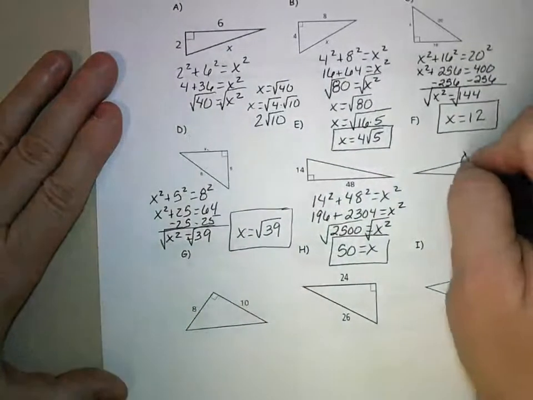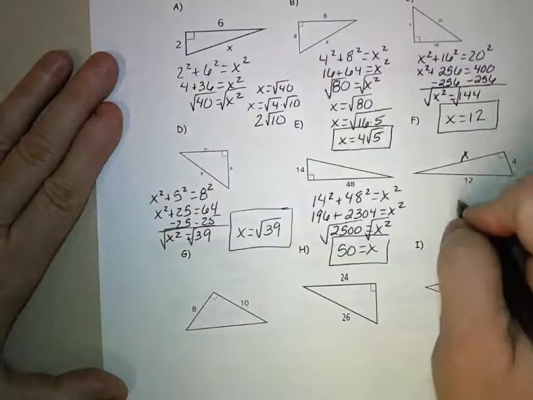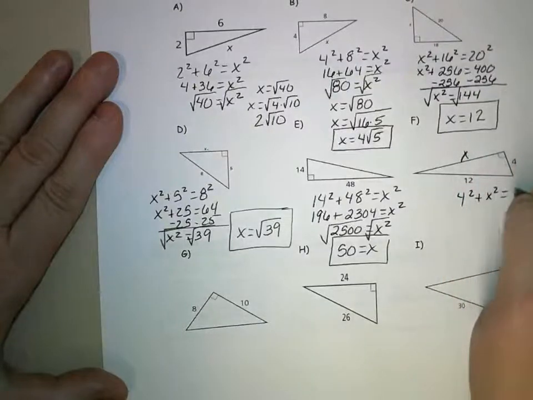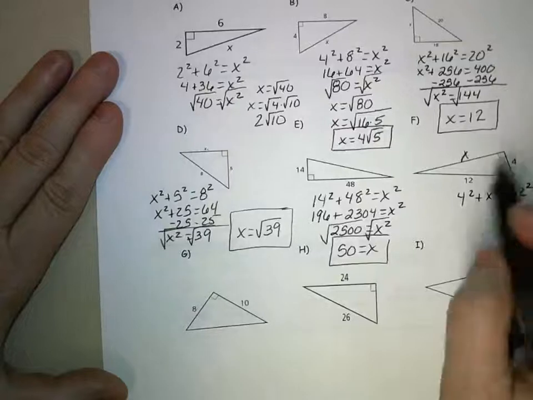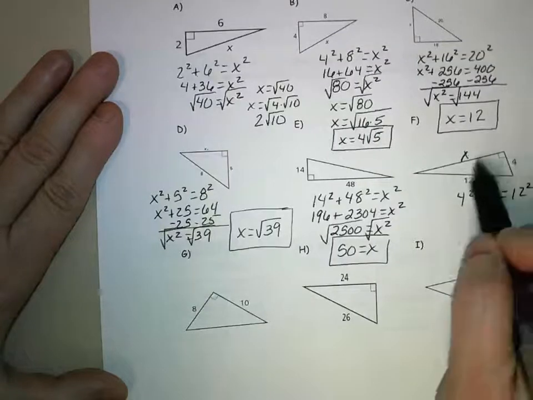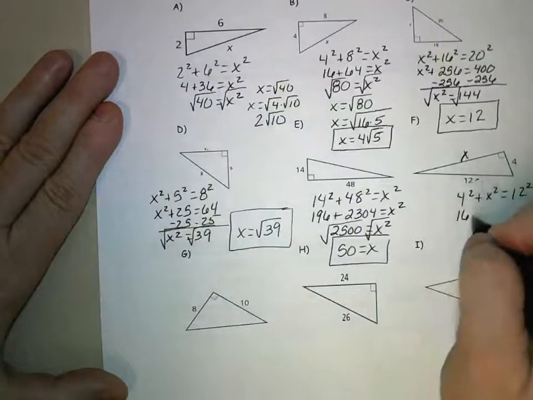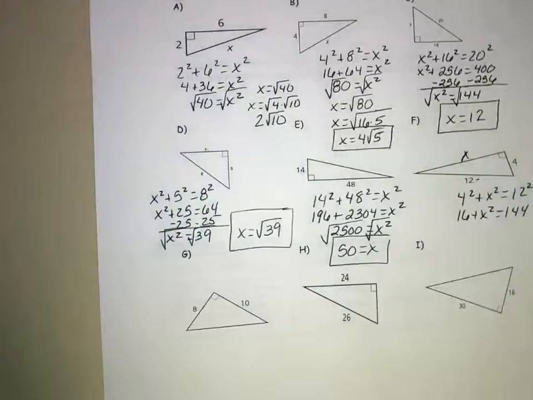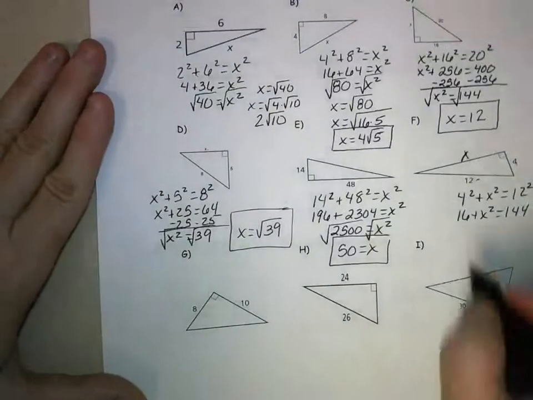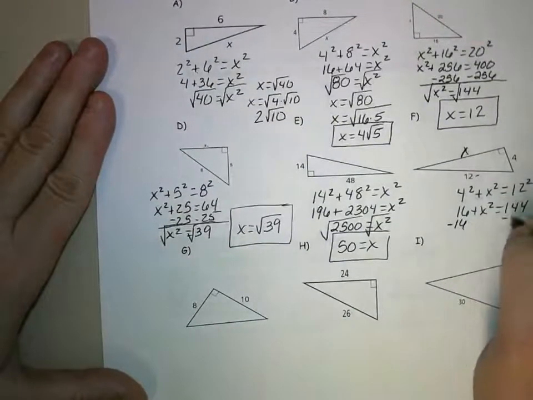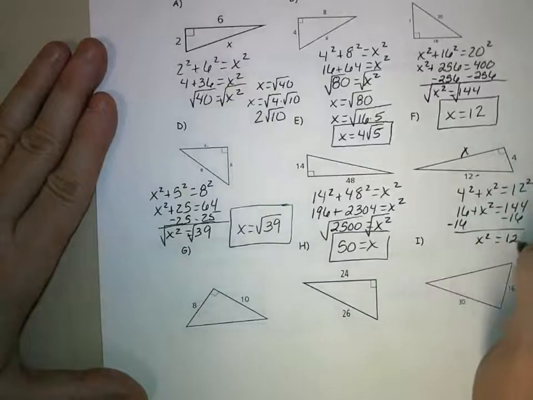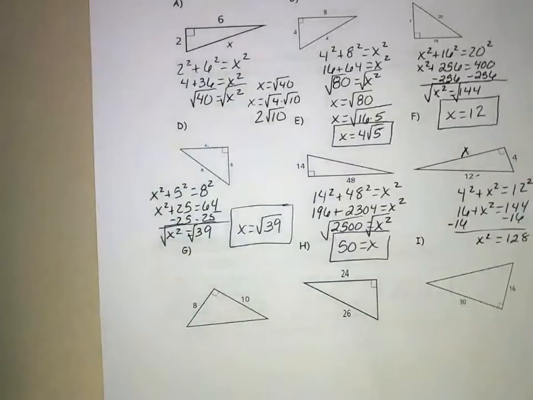Letter F, these are legs. So we will have 4 squared plus x squared equals 12 squared. 12 is the hypotenuse. The 4 and the x are the legs. So 16 plus x squared equals 144. When you subtract 16 from both sides, you have x squared equals 128.